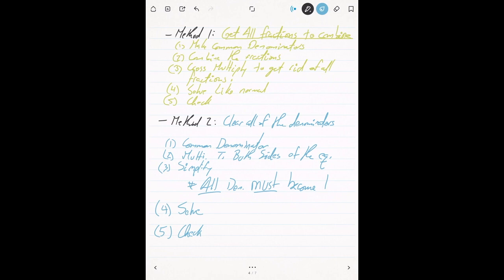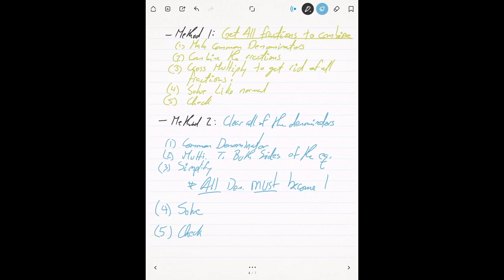So here are two methods for going about solving these rational equations. One method relies on combining all of the fractions together into one fraction on one side and one fraction on the other side, and then using cross-multiplying to get rid of the two fractions. The other technique, using the clearing method, gets rid of all the fractions first, and then combines everything together.